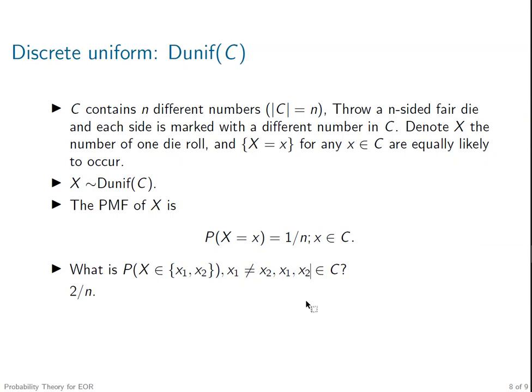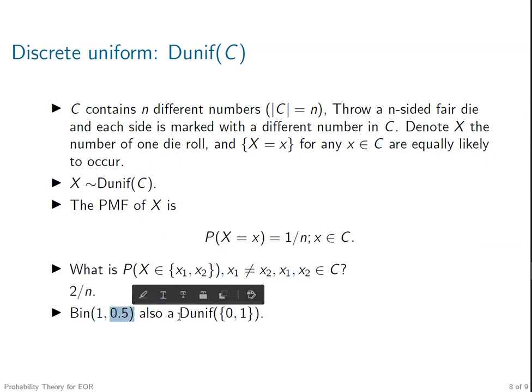x1 and x2. The discrete uniform distribution is actually connected with the binomial distribution we just discussed. A special binomial distribution with n equal to 1 and p equal to half is also a discrete uniform distribution with the support {0, 1}.